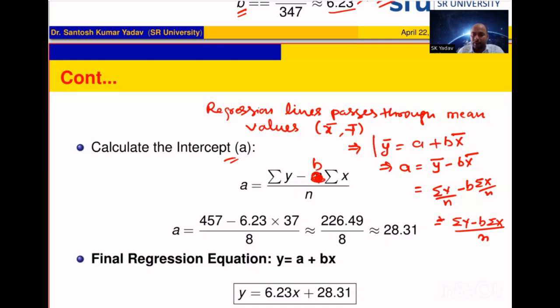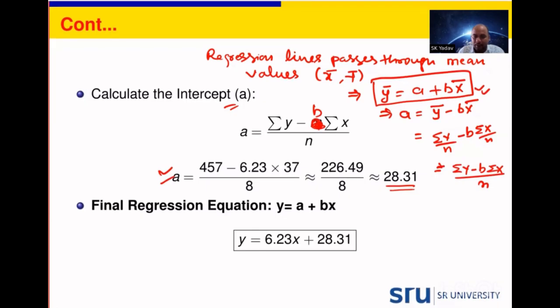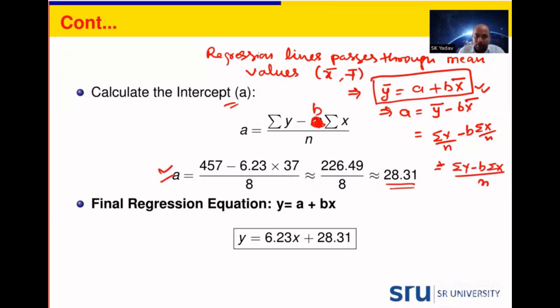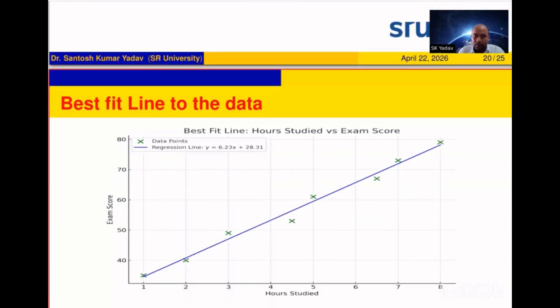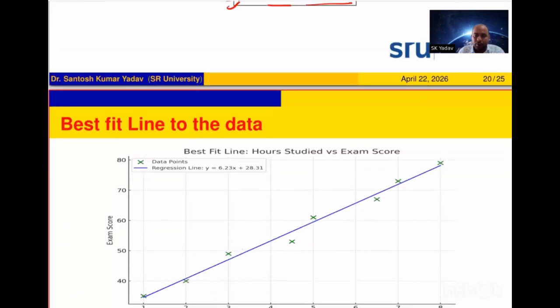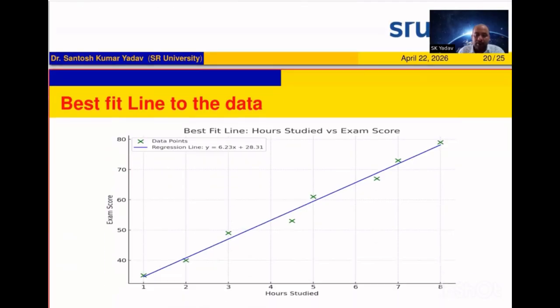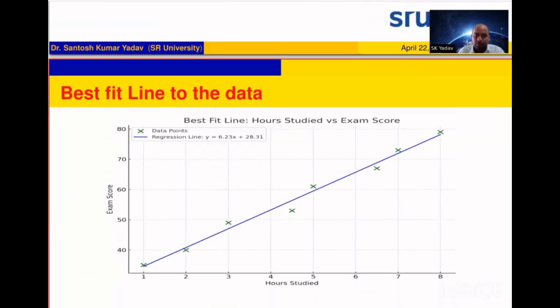It's very simple to compute the mean of x values and mean of y values, and you can use this to get a. So a is obtained here as 28.31, that is the y-intercept. So your best fit regression line is given as y equal to 6.23x plus 28.31, and this can be drawn here. You can verify your values are lying close to the given data points.